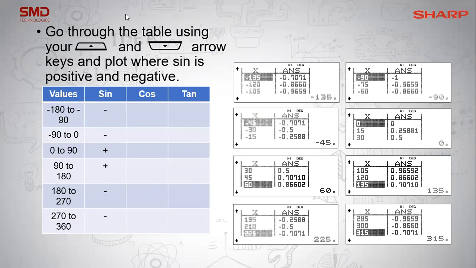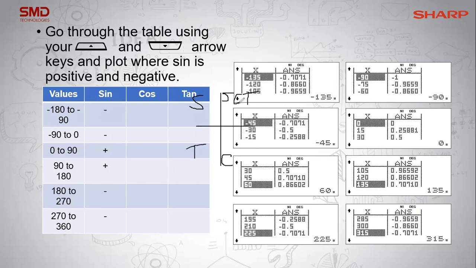Now we can do this for each of the sine, cos, and tan values. And what we'll see is that sine is positive here, and sine is positive here. Cos is positive here, and cos is positive here. Tan is positive in this quadrant, and tan is positive in this quadrant.